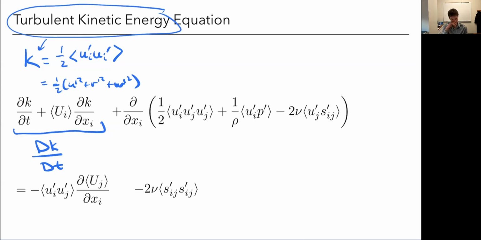And if you've done anything with turbulence, you would have seen this, although we often express it in different forms, like for example, in terms of turbulence intensity, which you may have heard of. Turbulence intensity is just another way to express this quantity, but it's in a root mean squared sense and a normalized sense too.